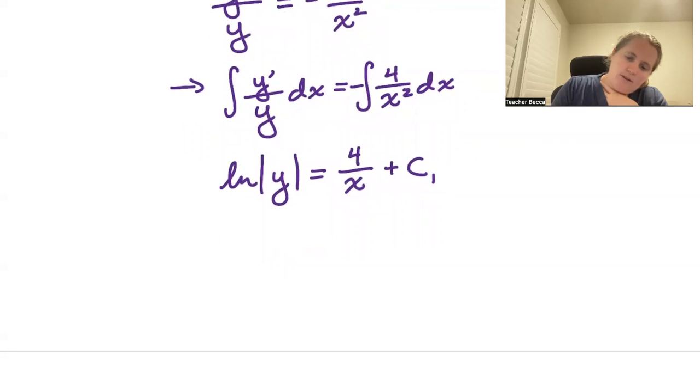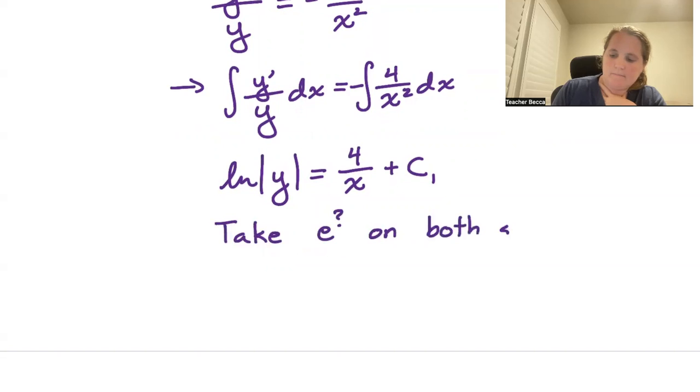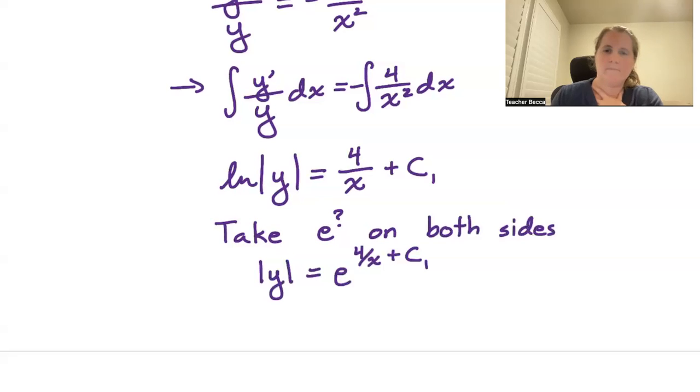If we then take e to the on both sides, we get that the absolute value of y is equal to e to the 4 over x plus c1.